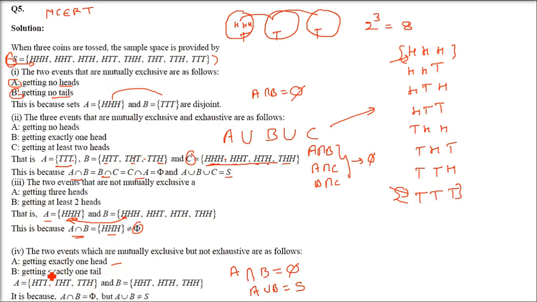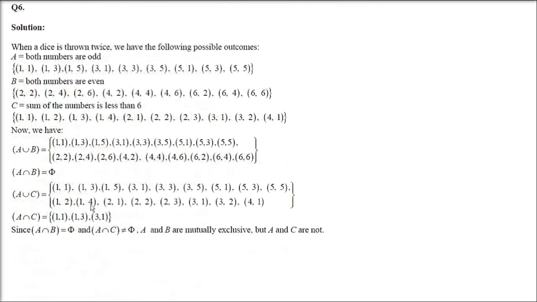So if you see, getting exactly one head and getting exactly one tail. There is nothing common, but still when you combine them, you are not going to get the sample space. I have not written A union B not equal to sample space, that you have to just check. Okay, just there is a mistake.